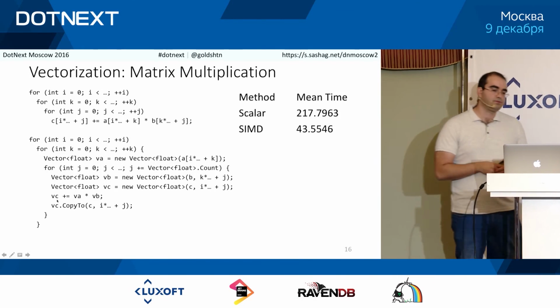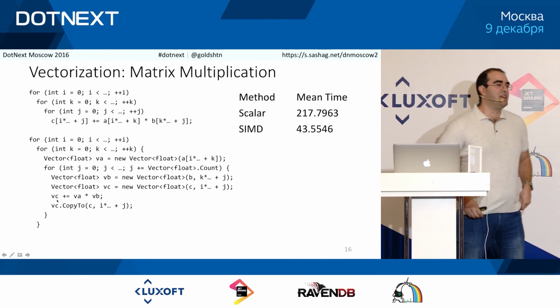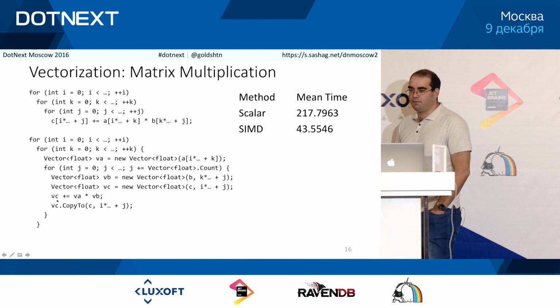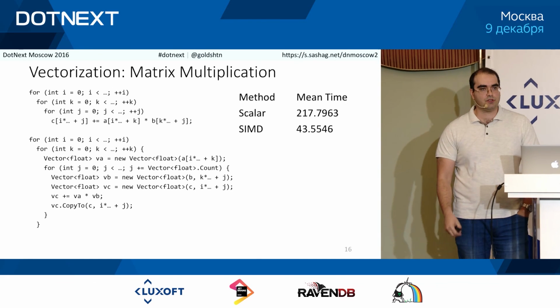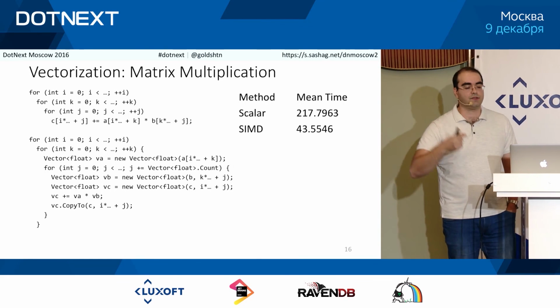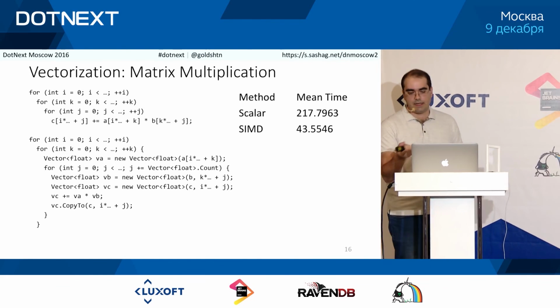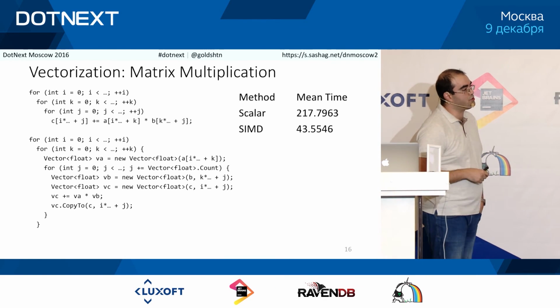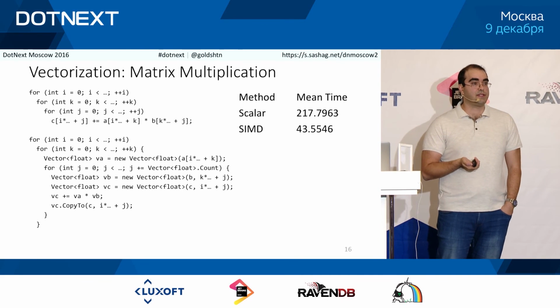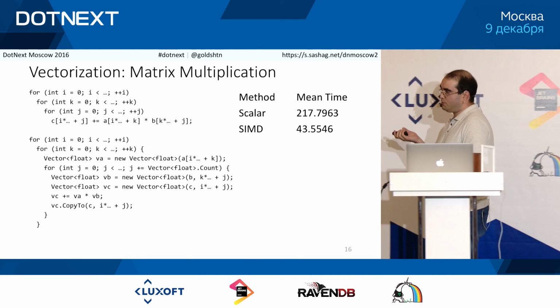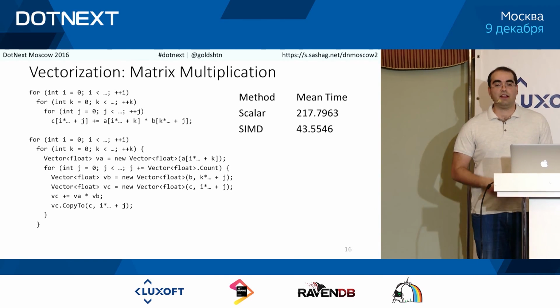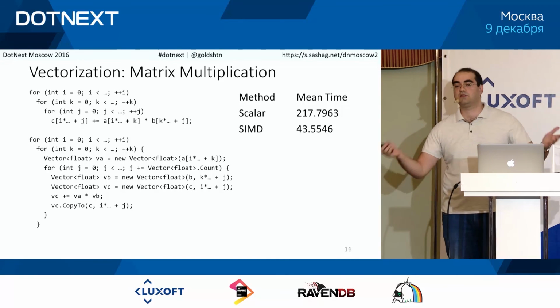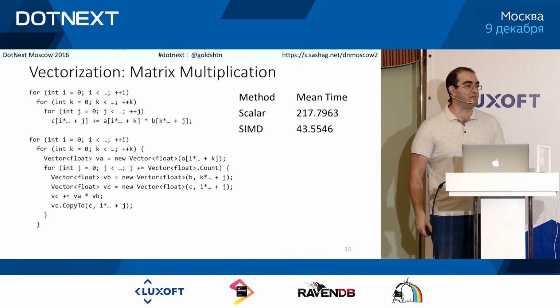The results are not bad. Again, this is just my hardware that has support for up to 8 float vectors. It's like 5.5 times faster using the vector version than the original scalar one. So it's pretty useful if your machine learning algorithm is now 5.5 times faster because you can multiply matrices a lot faster.